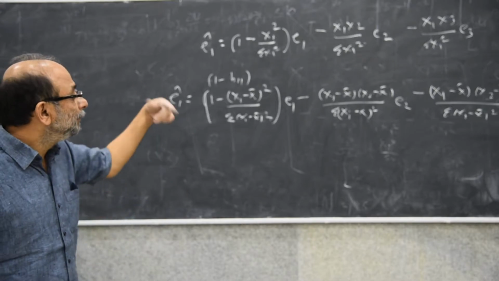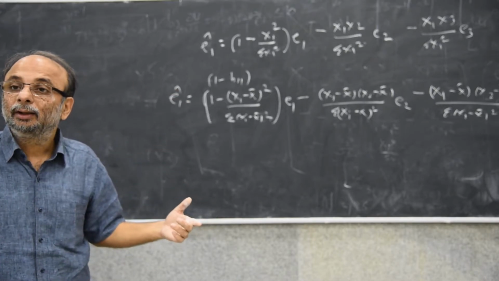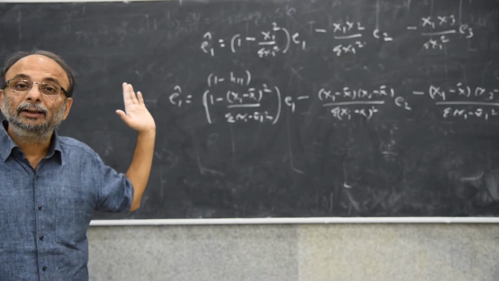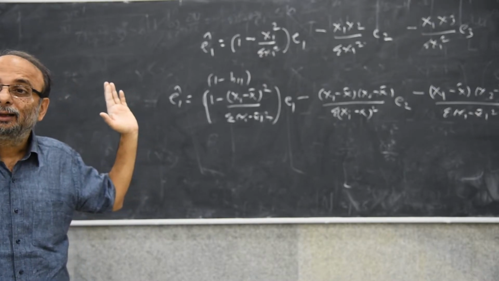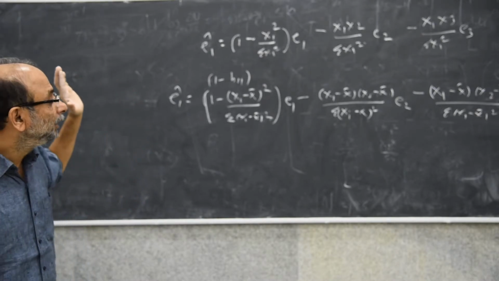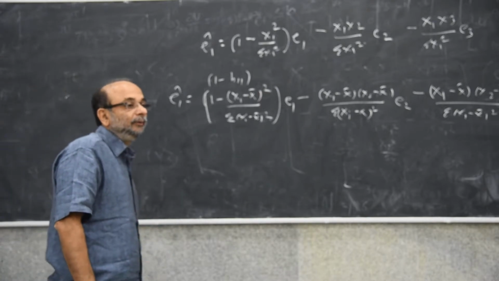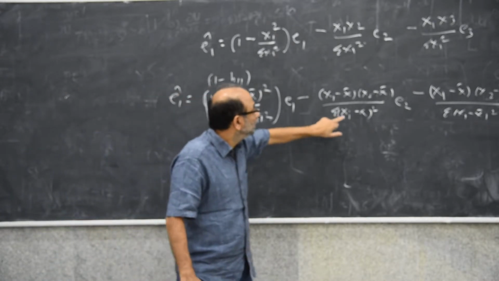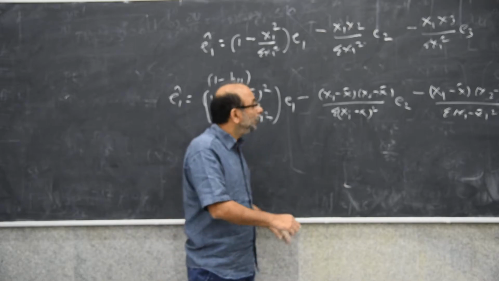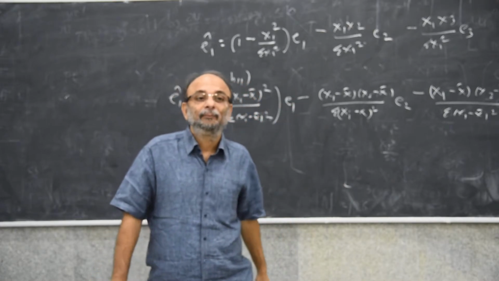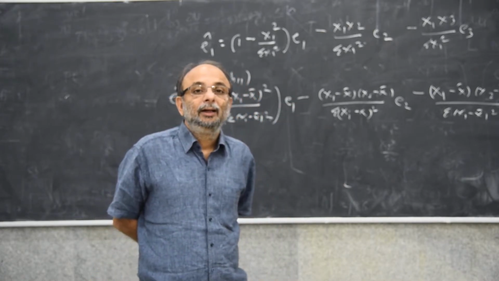And what will determine the impact of E2 on E hat 1? This quantity, right? Can you tell me what this quantity is? Covariance.